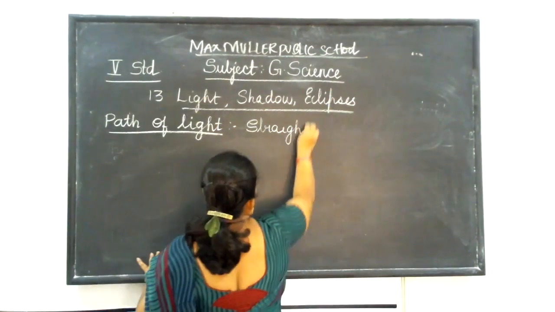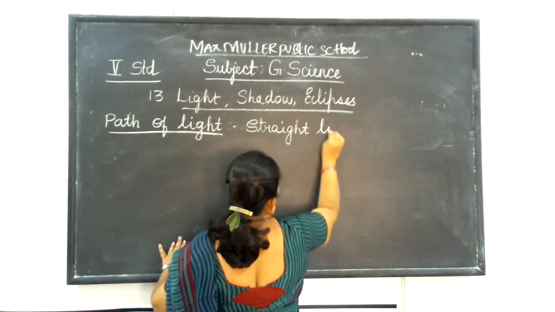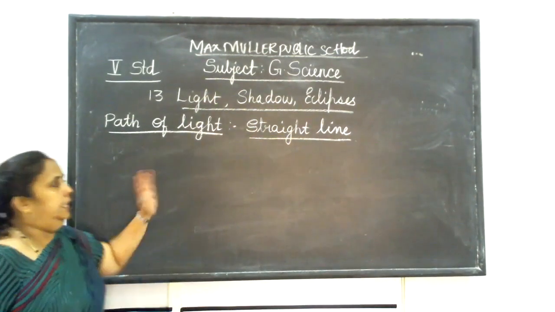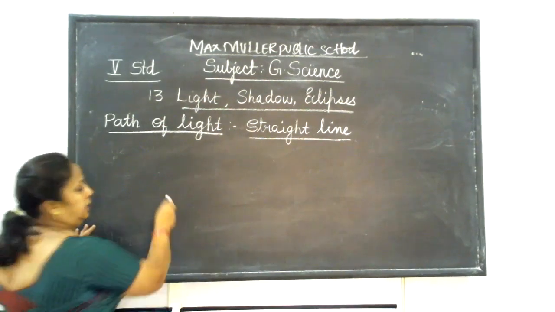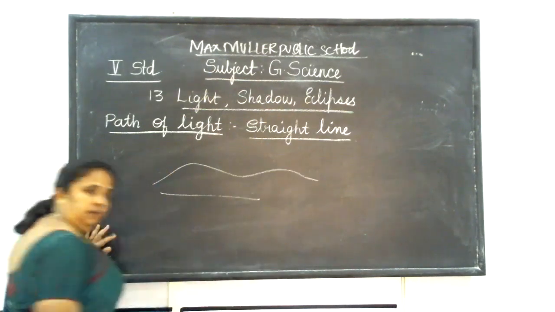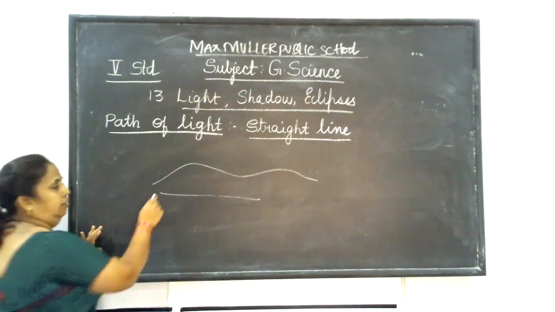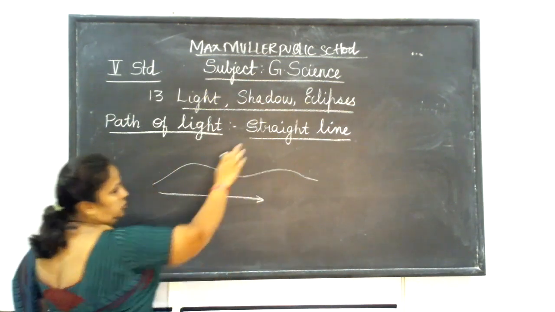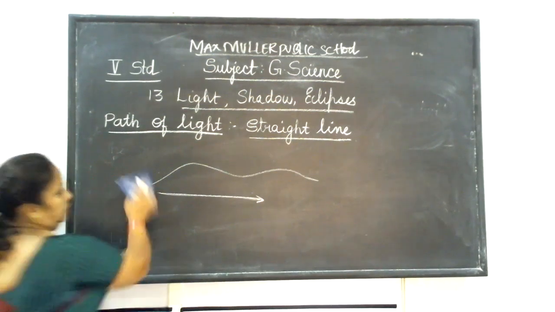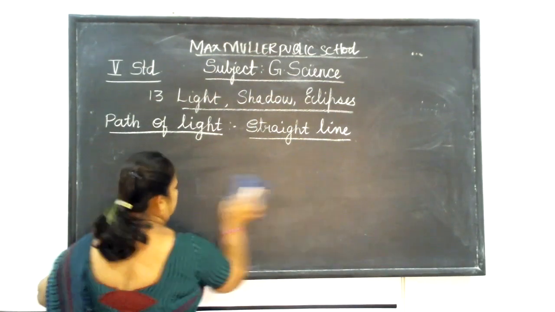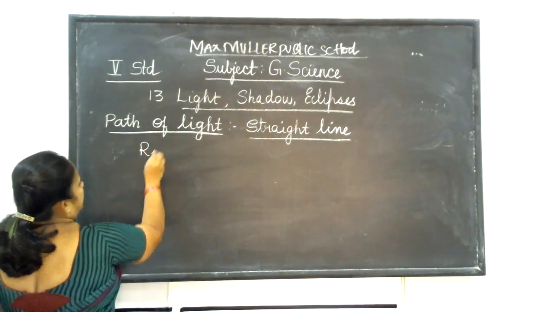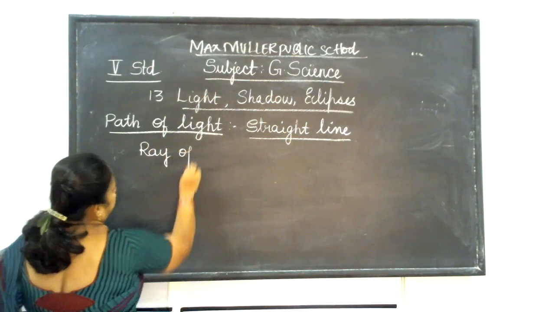It does not make a turn. It cannot bend and travel. So you can say that light always travels in a straight line. The straight line along which the light travels is called a ray of light.